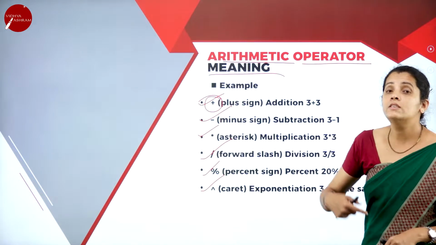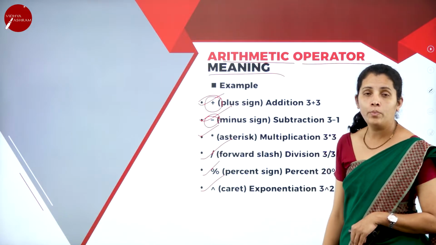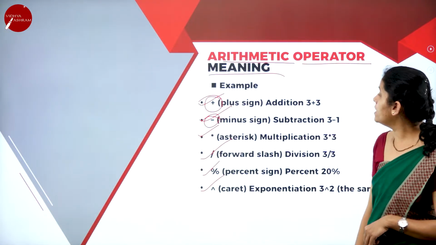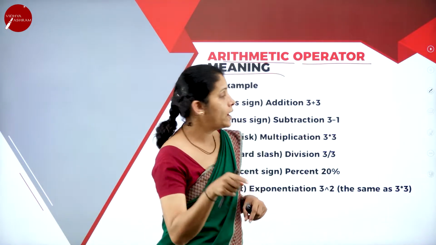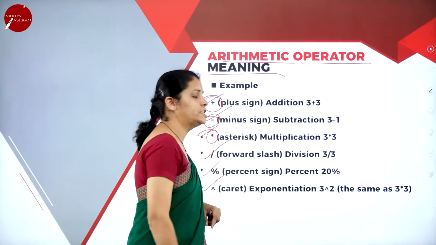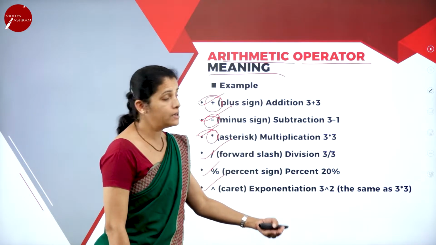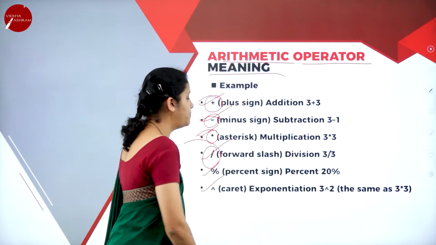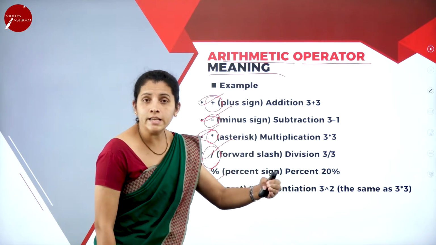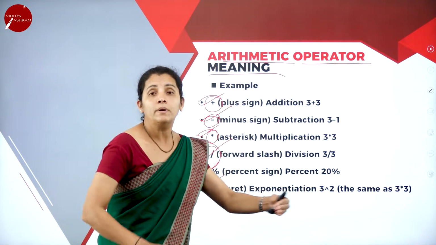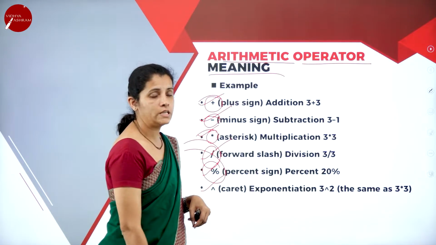To perform subtraction of given numbers, I use the operator minus. To perform multiplication, I use the operator asterisk. If I want to perform division, that can be achieved with the help of forward slash. And if I want to find the percentage of a given number or percentage of interest, that can be achieved with the percentage symbol.